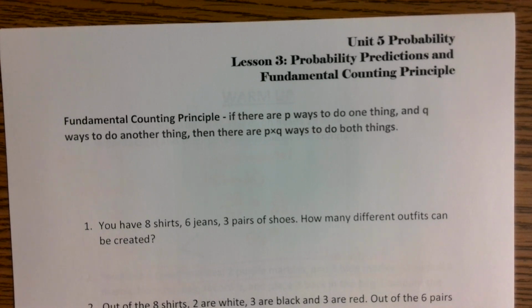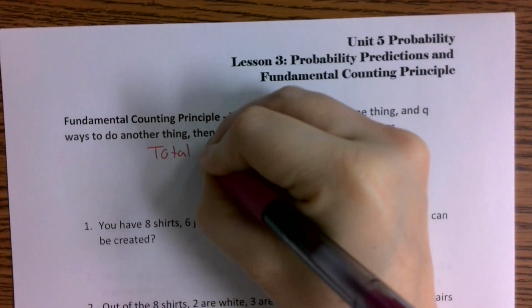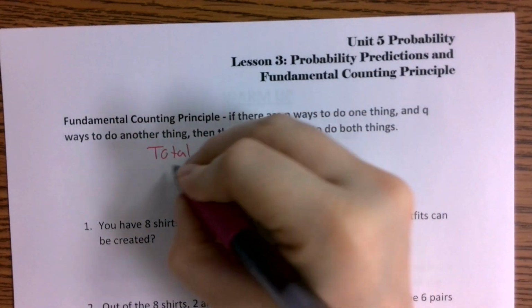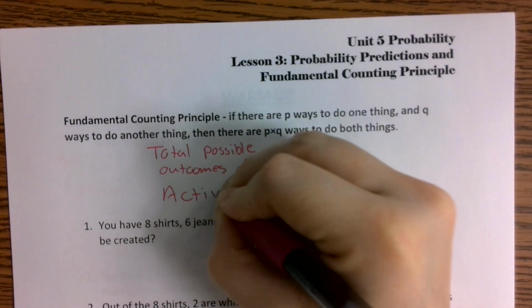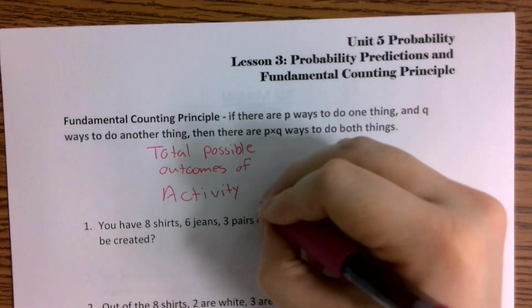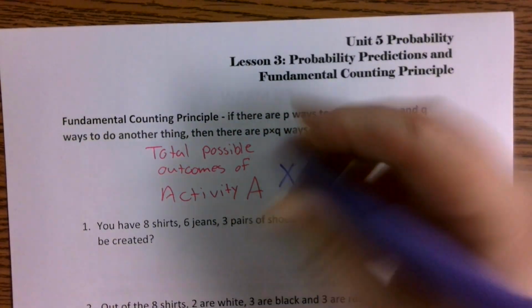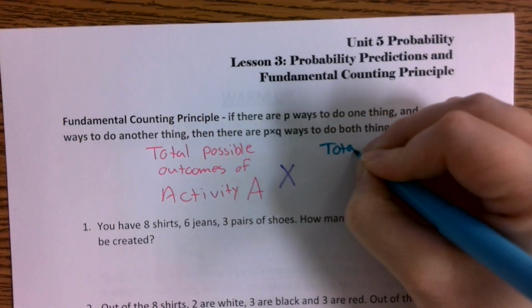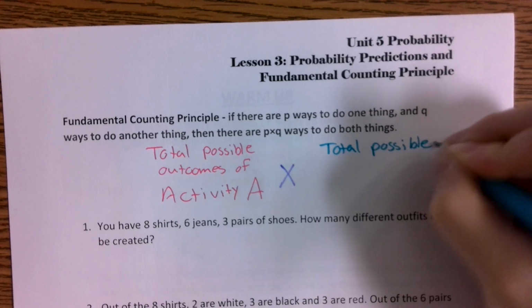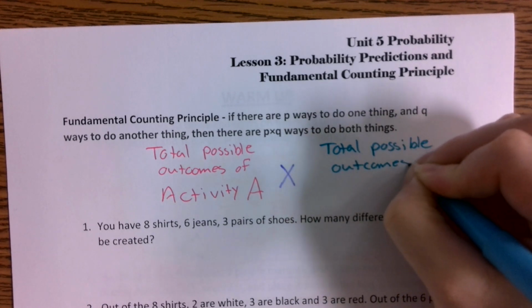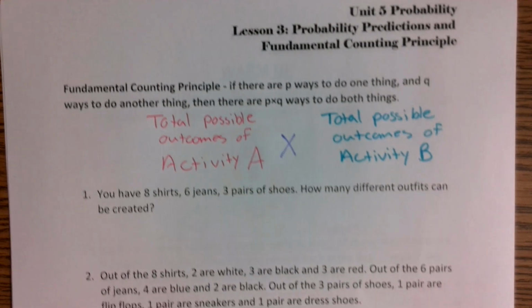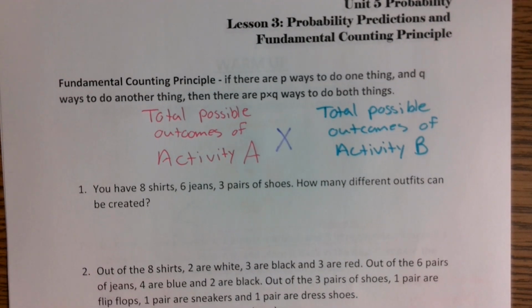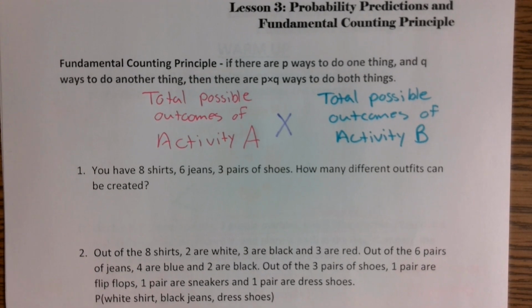So that's the concept. You're taking the total possible outcomes of activity A and then you're going to multiply it by the total possible outcomes of activity B. So this is actually a concept that those of you who, when you get dressed in the morning and you're like, oh, I don't really have that many clothes, I only have a couple of pants and I only have a couple of shirts.